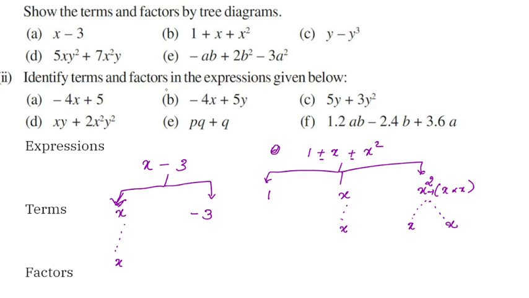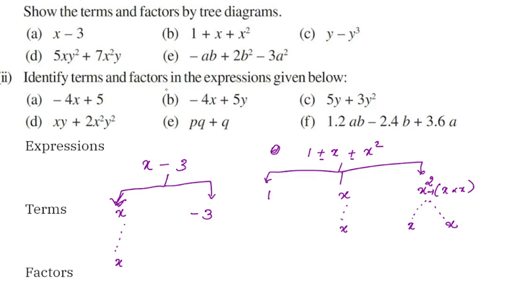Now you can see that I have used a continuous line and a dotted line. The continuous lines are used to show the terms, and the dotted lines are used to show the factors.